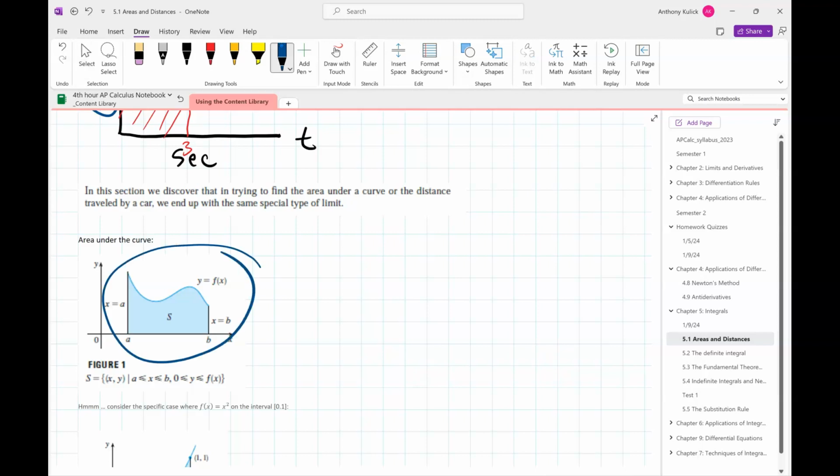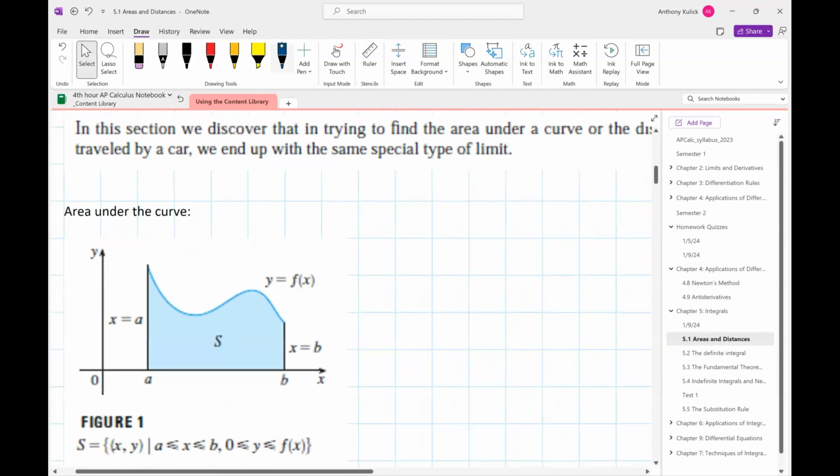What if we have something that looks like this? Pretty rough, right? It's not a polygon. It's not like I can decompose this into pieces of circles and rectangles and triangles and geometry it together. The squiggly part is just a squiggly part. It's a curve. How do I do this?